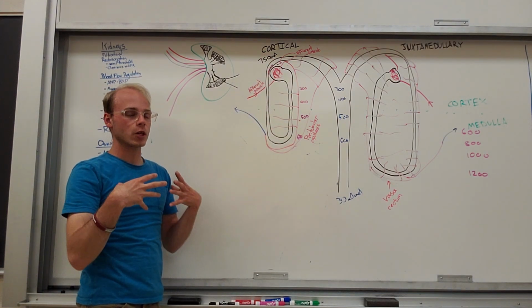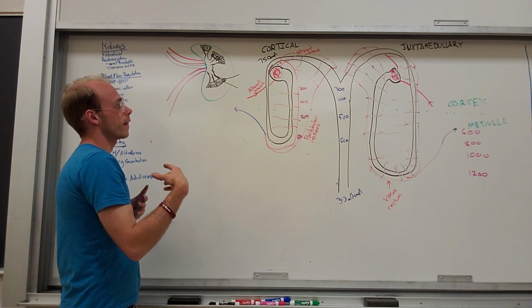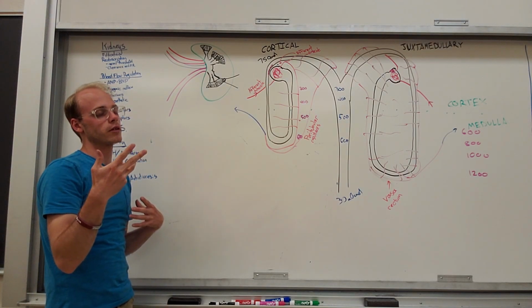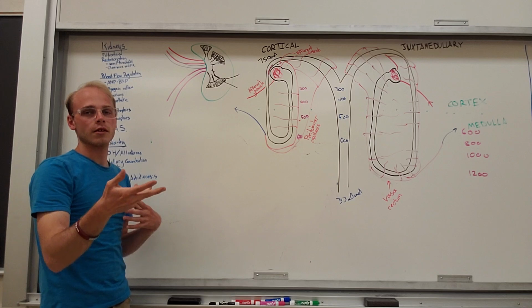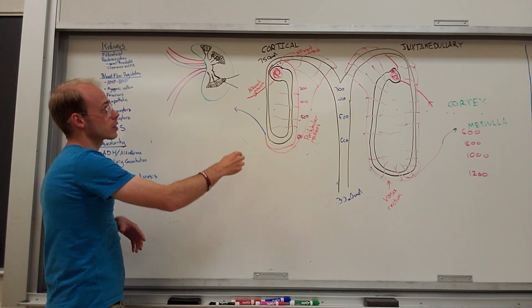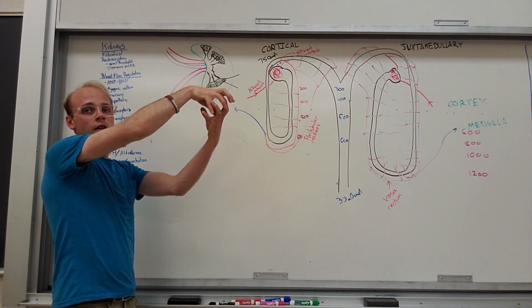When they have a ton of sodium chloride where they're overwhelmed with it, they release a potent vasoconstrictor. They will release nitric oxide, so NO. They're going to release that, and that is going to cause the afferent arteriole to constrict.